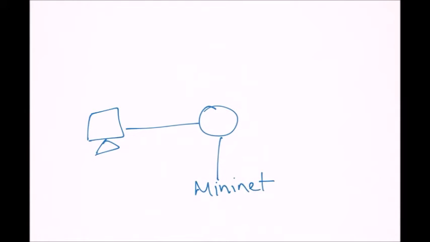I have my PC, and that connects to a networking device or an adapter, and then I need two servers, one that is running Mininet and another one which will run my HP SDN controller.